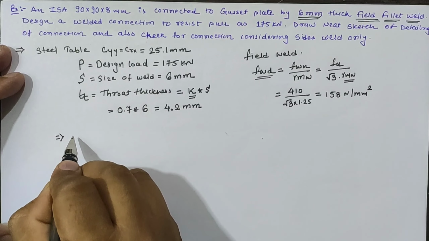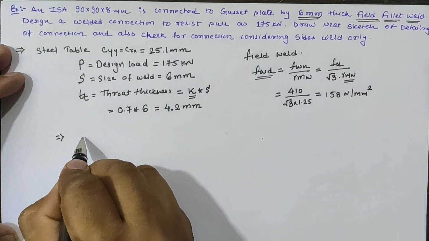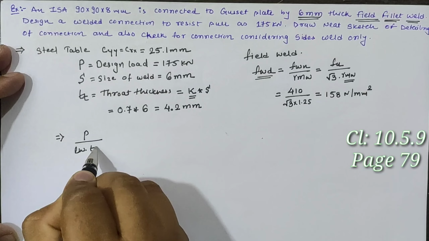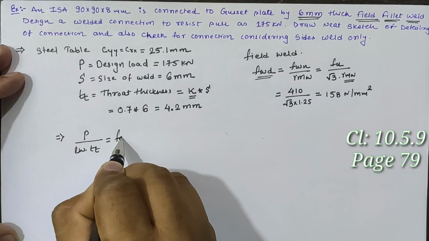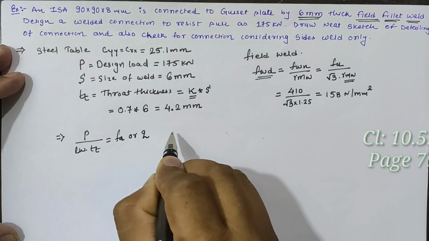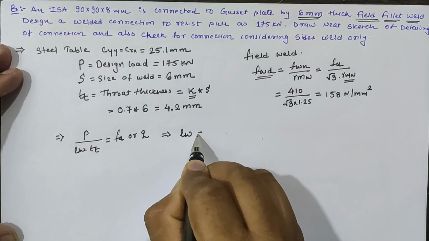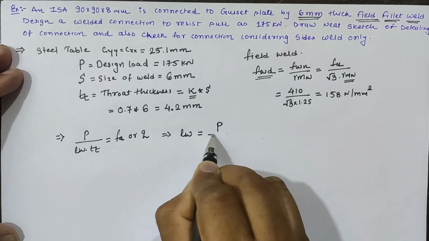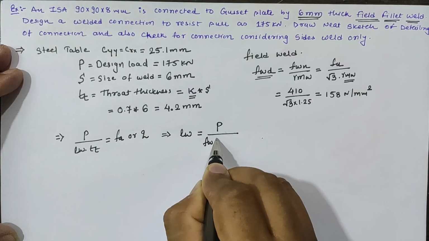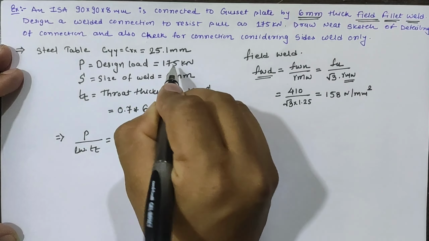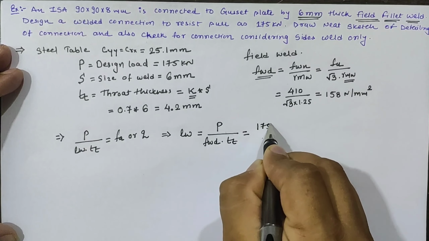Next part is the length of weld required. So our equation is P by length of weld into throat thickness is equal to FWD. So the length of weld required can be calculated by the equation design load divided by design strength into throat thickness. Now design load is given as 175 kilonewton.